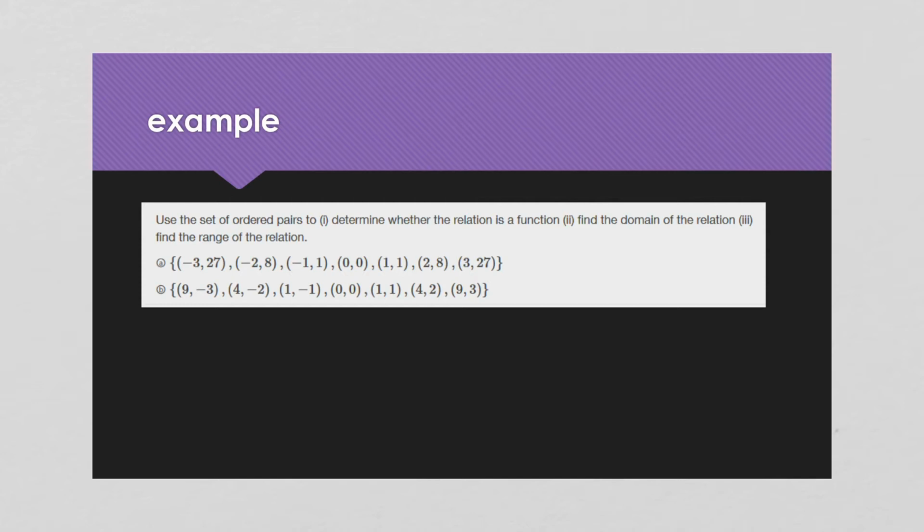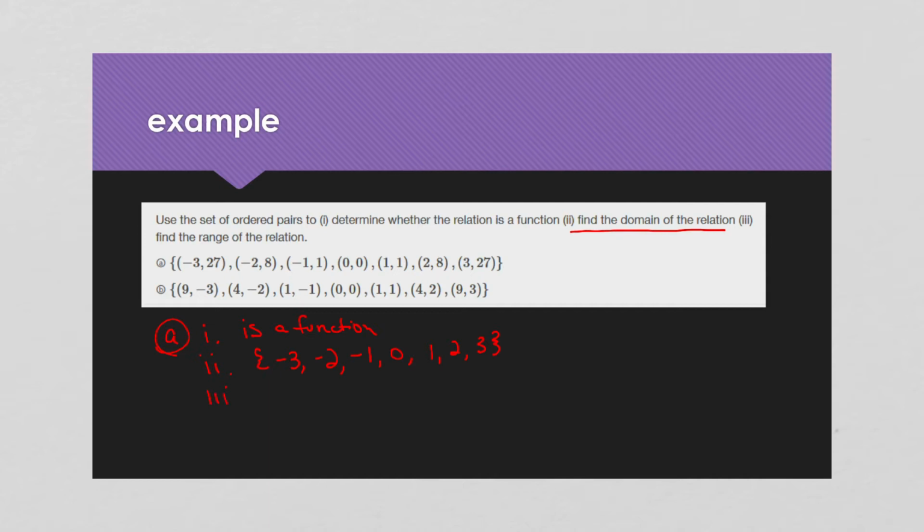So on part A, letter I, it is a function. Okay, so let's look at double I. Find the domain. The domain of this is -3, -2, -1, 0, 1, 2, 3.